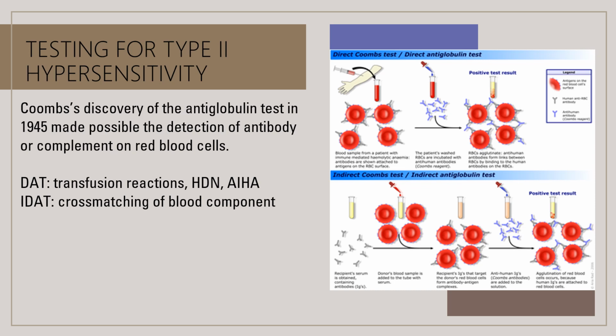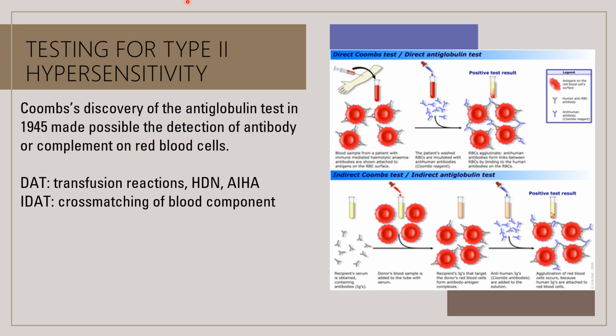So Coombs is a scientist that discovered the anti-globulin test in 1945. So he was able to make it possible to detect antibody or complement on red blood cells.